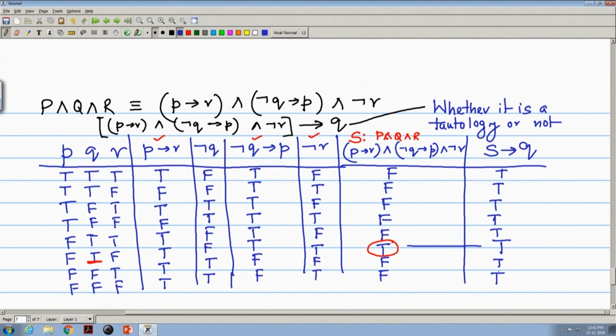So, what we see is that S implies Q is a tautology, because it always takes the truth value true. Earlier with the same example, using the laws of logic, we validated the compound proposition, and now with this truth table method we have seen that S implies Q is a tautology. So, the argument is valid.